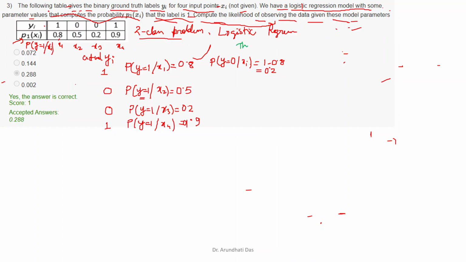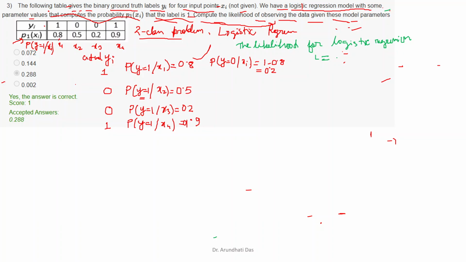The likelihood for logistic regression is treated as L in most books.